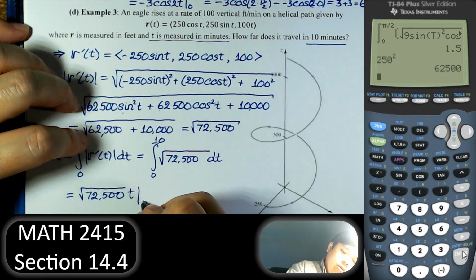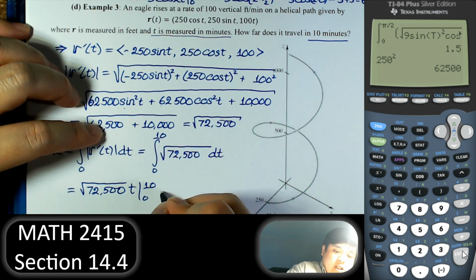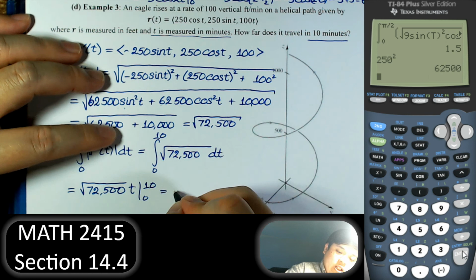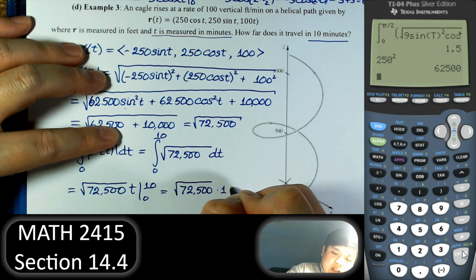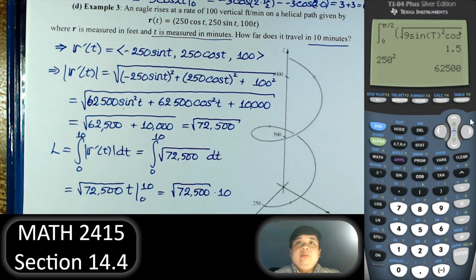T from 0 to 10: put in 10, subtract, put in 0. So we just have the square root of 72,500 times 10.